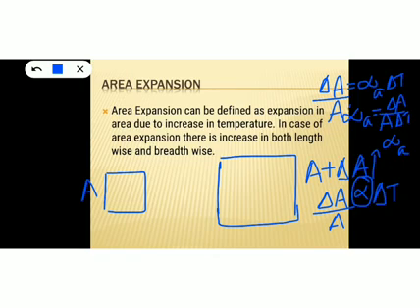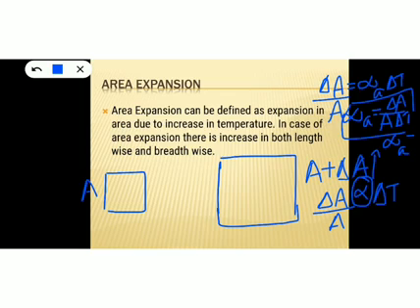So this is the area expansivity or coefficient of area expansion. In the case of area expansion, there will be an increase in both length and breadth. You know, length into breadth will be area. Area means there are two dimensions, so whenever the area of an object increases, there is an increase in the dimensions of length and breadth.